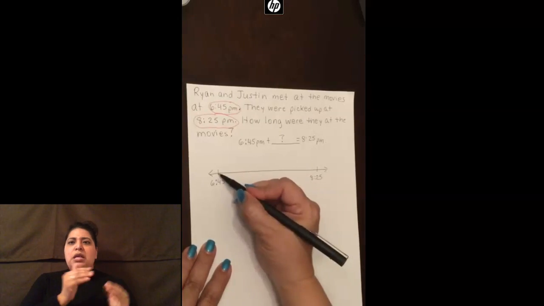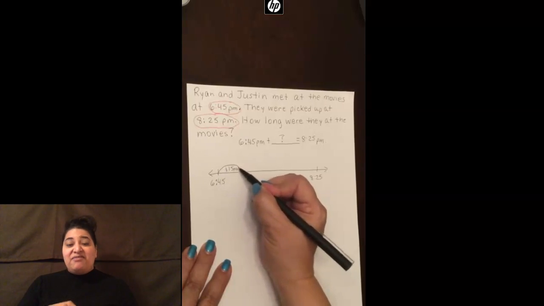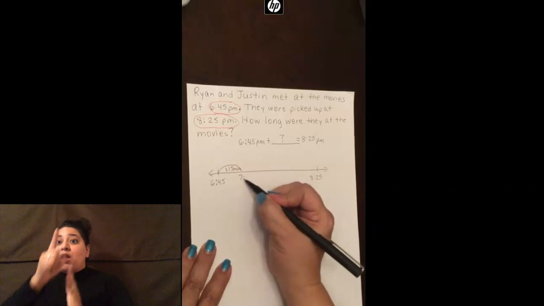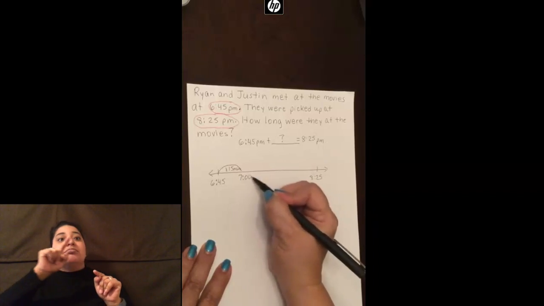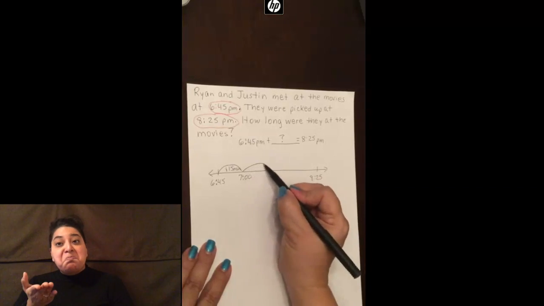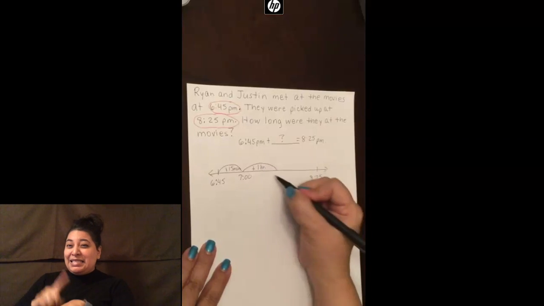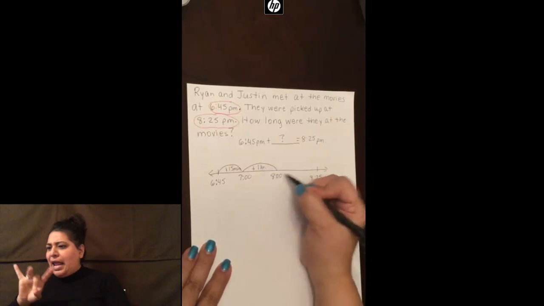So if I take my 6:45 and I add 15 minutes to that, that's going to put me at 7 o'clock. And then I can take my 7 o'clock and add another hour to that, which will put me at 8 o'clock.